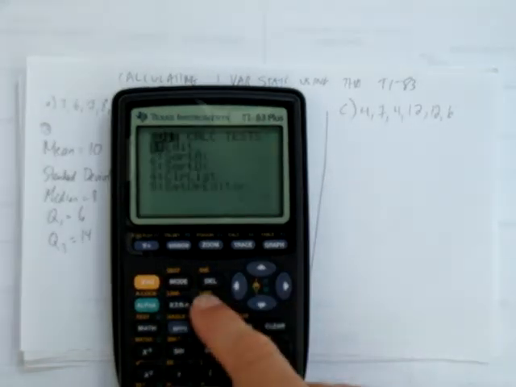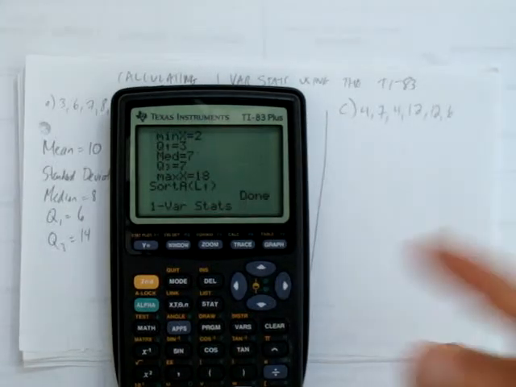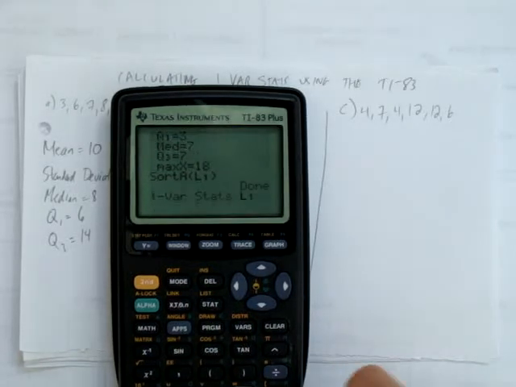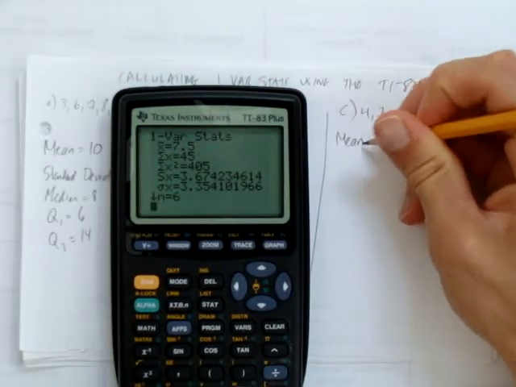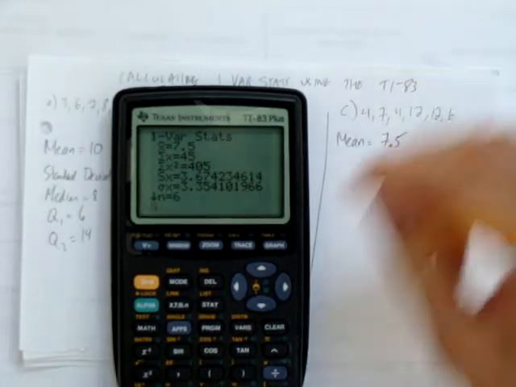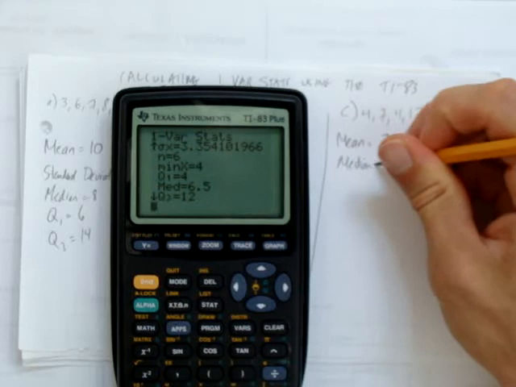Let's second mode to quit out of here. And let's do stat, right arrow to calc, and pick one var stats. And then we want to do it on L1 again, so second 1 for L1, enter. And again, almost instantaneously, we know our mean. Again, that's the thing with the X bar. The mean is 7.5. Scroll down and get the median first, just because, why not? I want it right now.